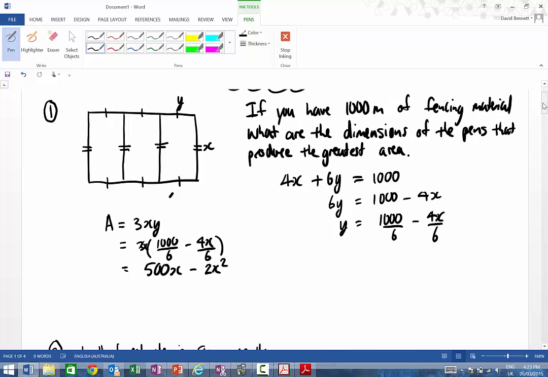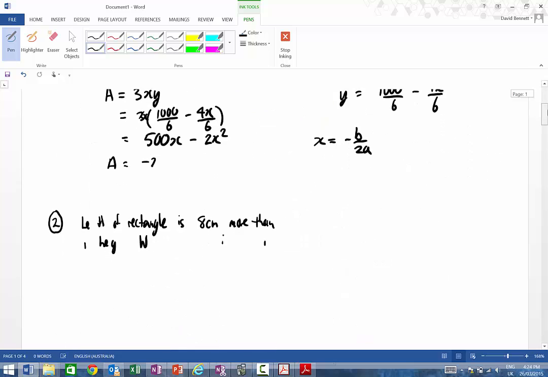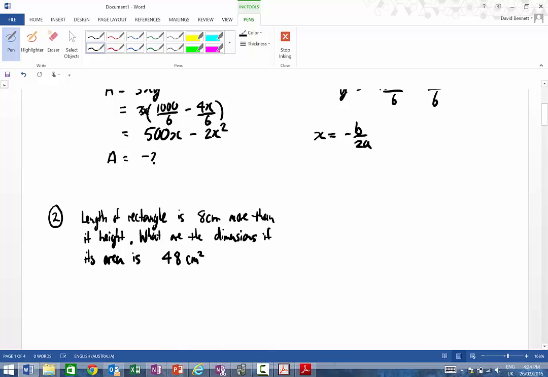the area, the max and min occurs with the vertex or the axis of symmetry. So what I can say is x equals minus b on 2a. In this particular equation, if we rewrite it as a is equal to minus 2x squared plus 500x. Minus 2x squared plus 500x.